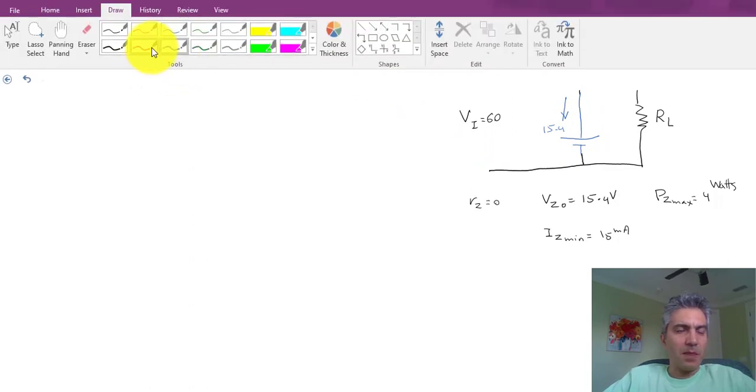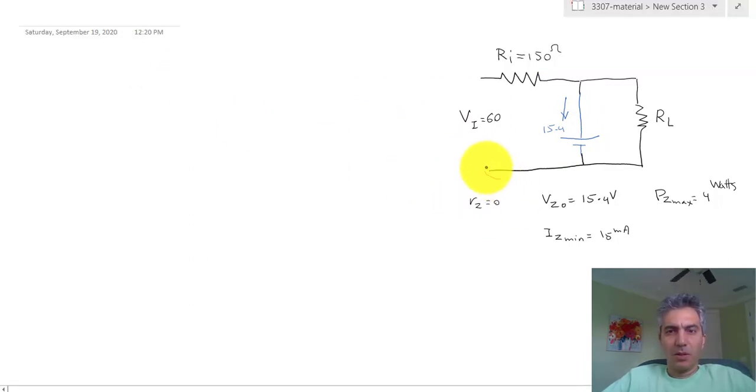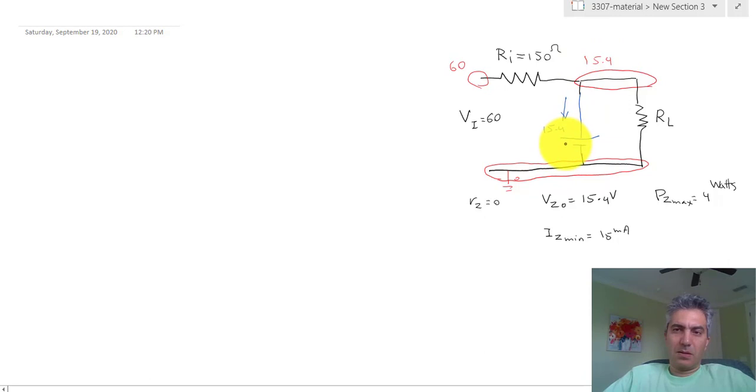Let's start. Like always, we're going to label the nodes. Let's say that's our ground. This turns into Vi, which is 60, and this turns into 15.4. Since this is a source, the equation for the source enforces that node to be 15.4 volt.